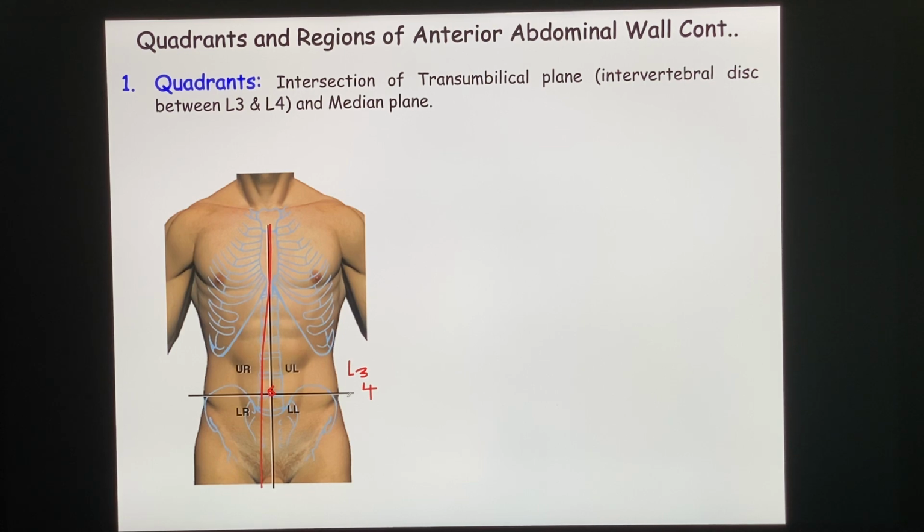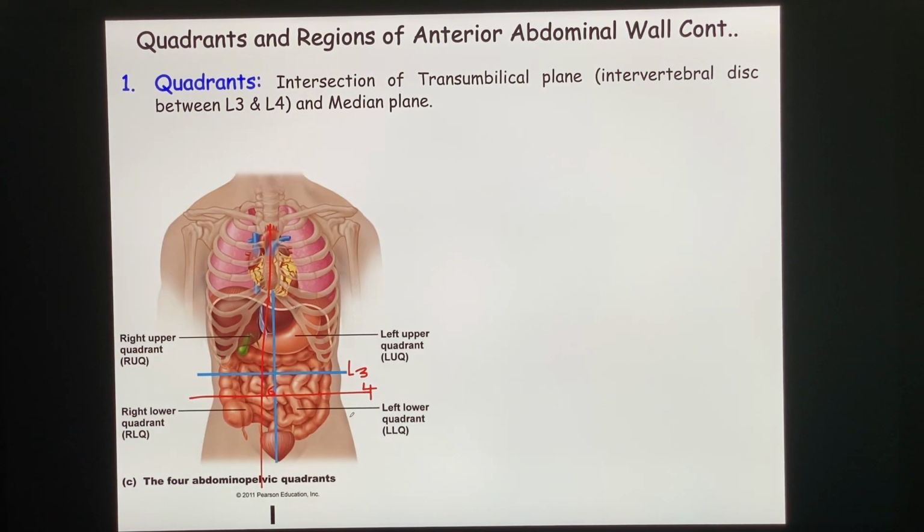So this is the transumbilical plane. Now here you see the whole of the abdomen is divided into 4 quadrants: the upper and lower quadrants, right and left, upper right, likewise lower right and lower left. That's how we divide them.